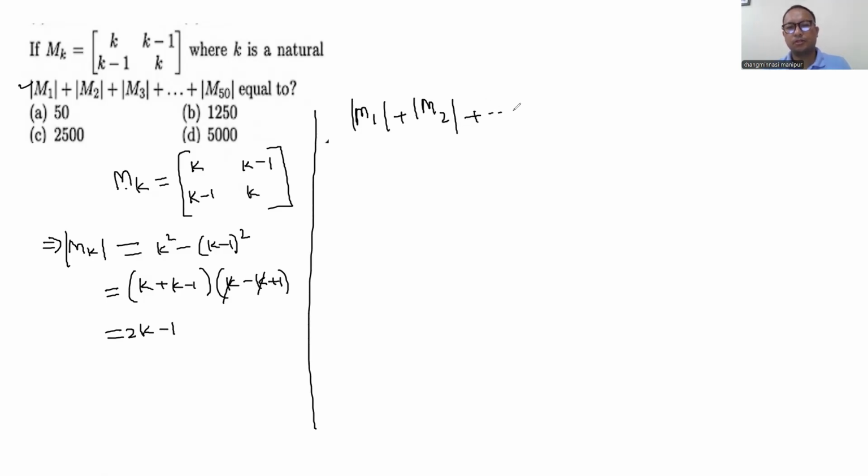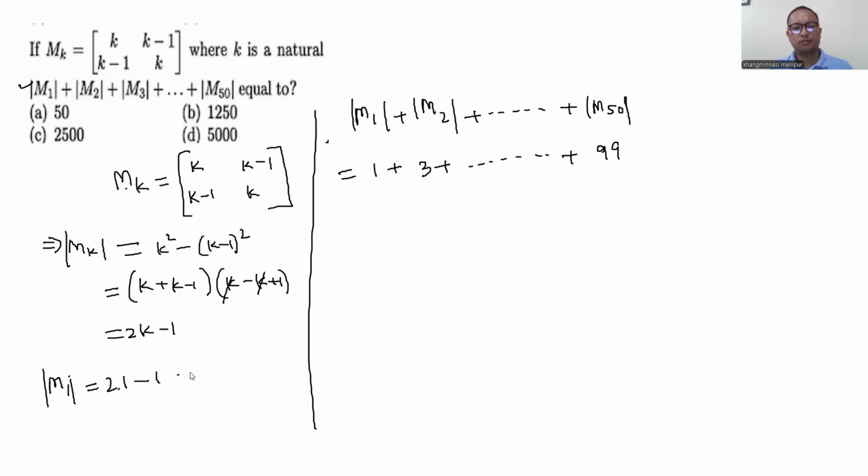So the value of M50 will be put in. Now M_k has the determinant 2k minus 1. So the determinant of M1 will be 2 into 1 minus 1, so that will be 1.